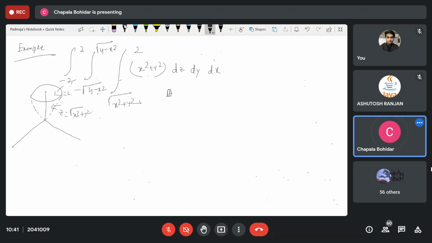Okay. And now see, then here y is equal to plus or minus root of 4 minus x square for the plane region. In the xy plane, what is the region we have? y square is equal to 4 minus x square.